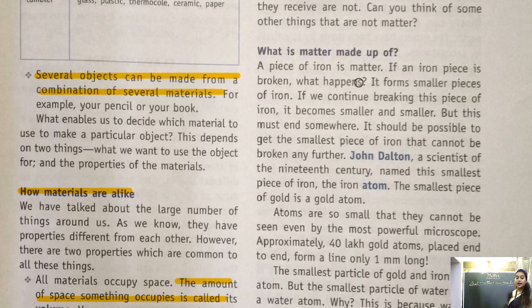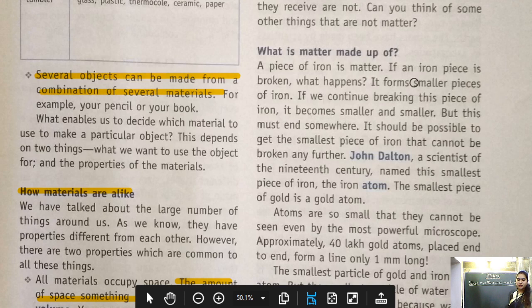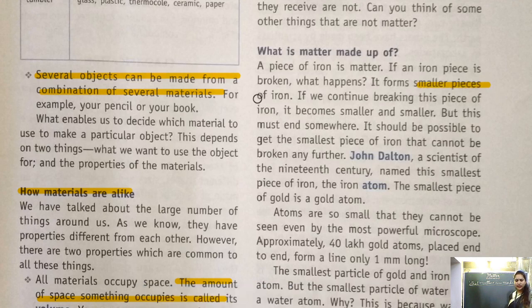Okay, if an iron piece is broken, अगर हम उस iron piece को तोड़ दें, what happens? It will be divided into smaller pieces of iron, isn't it? So it forms smaller pieces of iron. This is very logical and obvious.